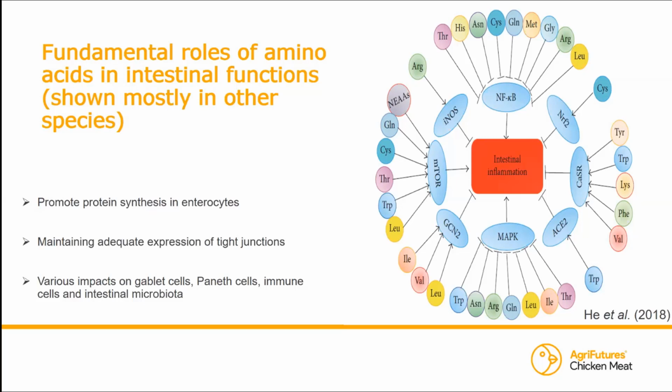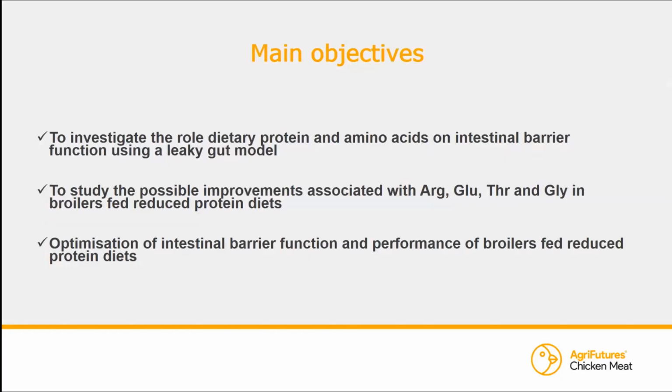So the hypothesis is that these amino acids promote protein synthesis in enterocytes, help maintain adequate expression of those critical tight junction proteins, and also impact various cells like goblet cells, Paneth cells, immune cells, and also the microbiota. This was the main reason we looked at this.